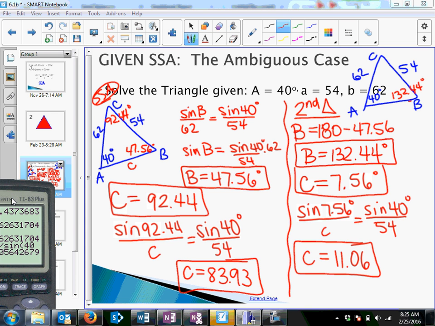Okay, so when you have two solutions, it's going to feel like you have two problems, but that's not going to be the case every single time. Now, since this is new to you, you probably should expect to see one on a quiz and test, but there could be a side-side-angle that doesn't have two solutions also. No matter what, we need to check for that second triangle, whether it's going to have that second solution or not. Okay? And I'll show you what I mean.